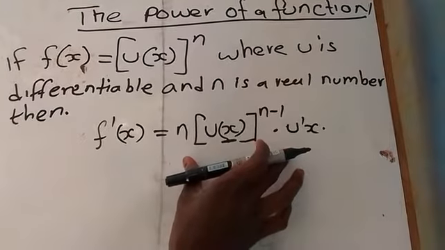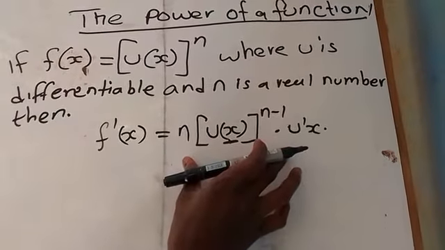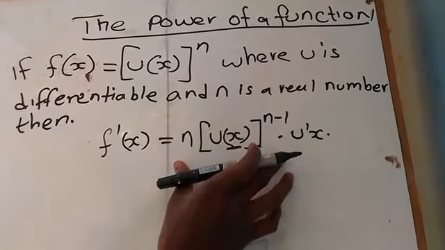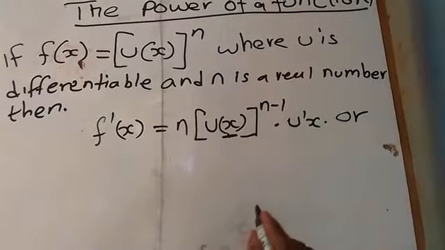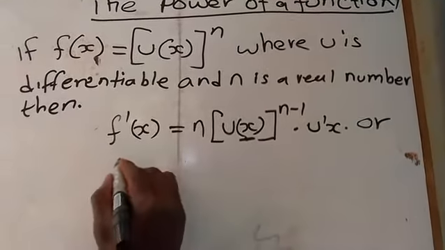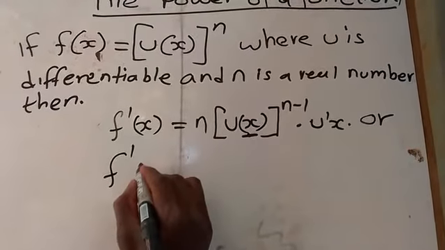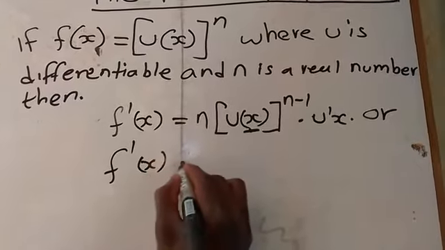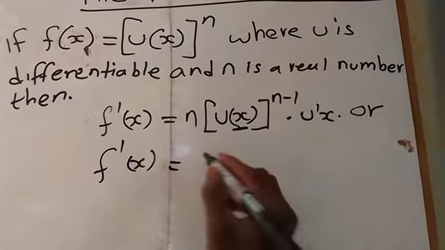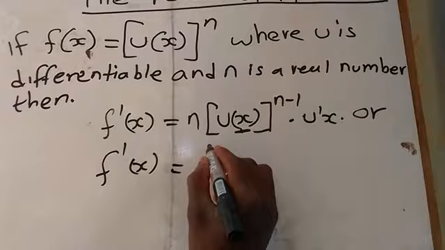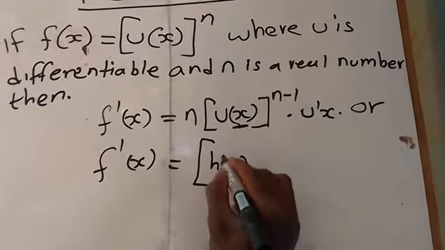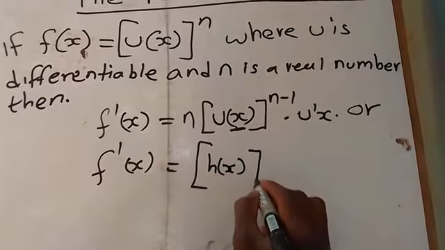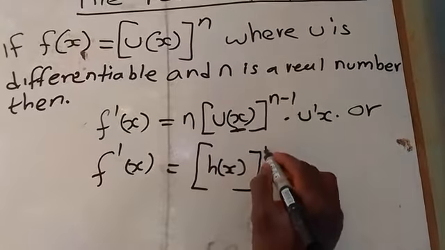which we shall use to solve some of the examples of the power of a function. Or f prime of x is equal to, when you use another letter it will just be the same, h of x raised to r.